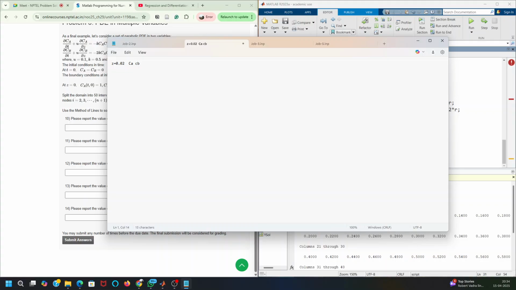So you can take the first value in the solution vector and it is the second. Then you will have z is equal to 0.00. Then you will have CA, CB, which is like 3 and 4.